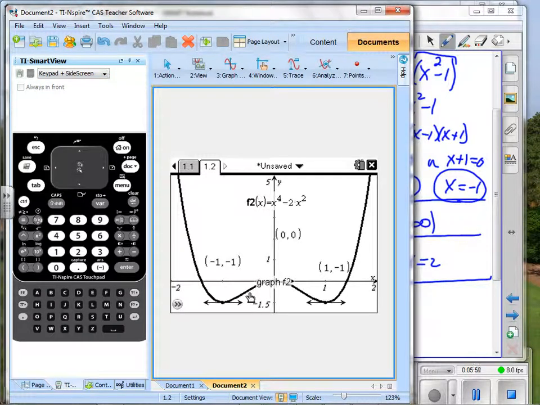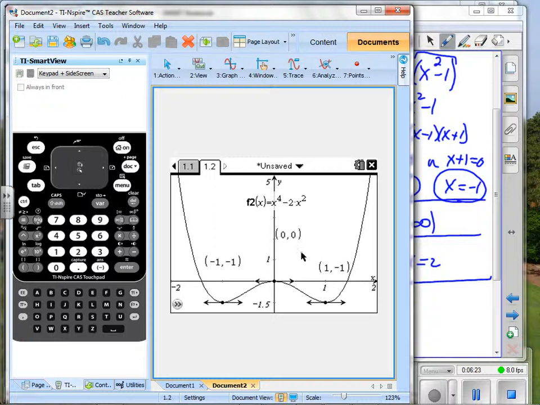Now, I have to tell you, some of this work, like the sign chart, was extremely important to people like me when I was sitting in a place like you are. We had no calculator. We could not see a picture of this unless we did lots of points and then try to connect the dots in a reasonable manner. We couldn't just put it on a calculator and see a picture.